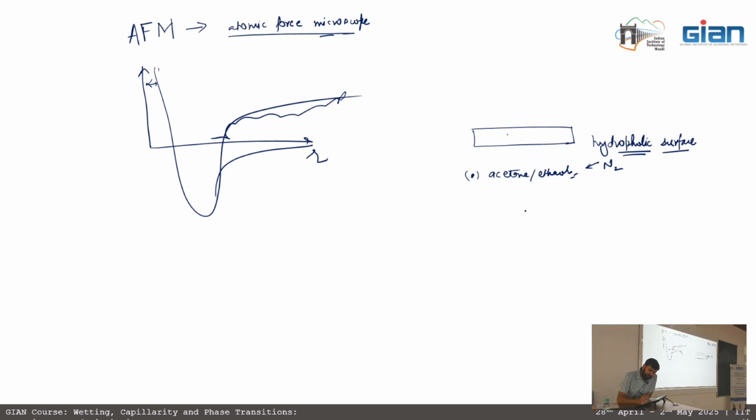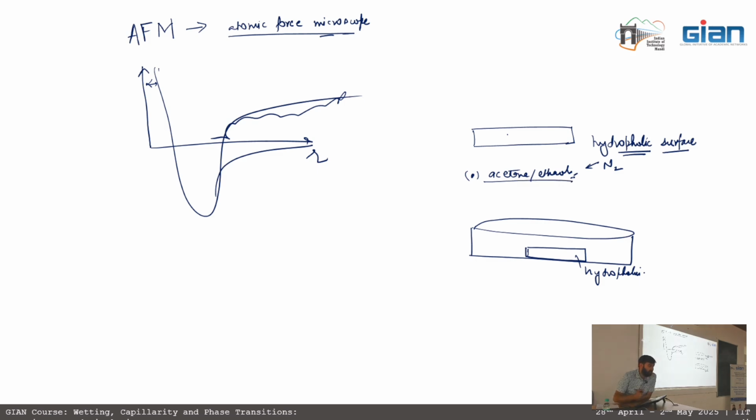Let's suppose that we have a setup with a petri dish here, and in this petri dish we have a substrate, and this is hydrophobic, and this is totally immersed in this acetone or ethanol, which is supersaturated with gas molecules, nitrogen gas.